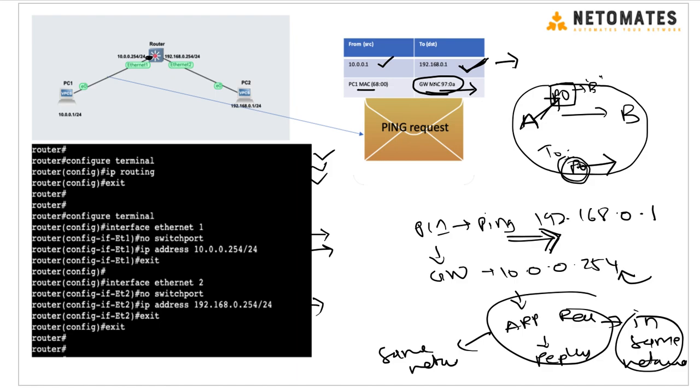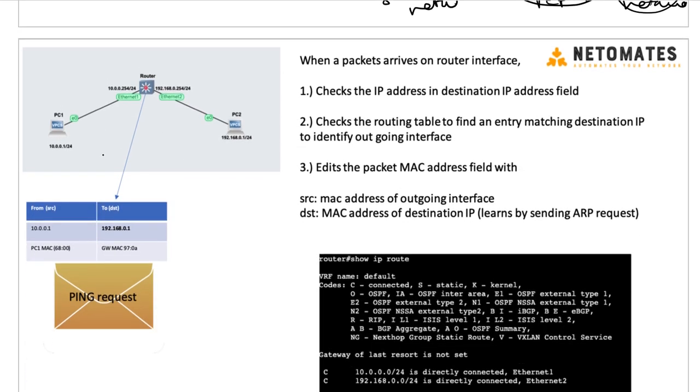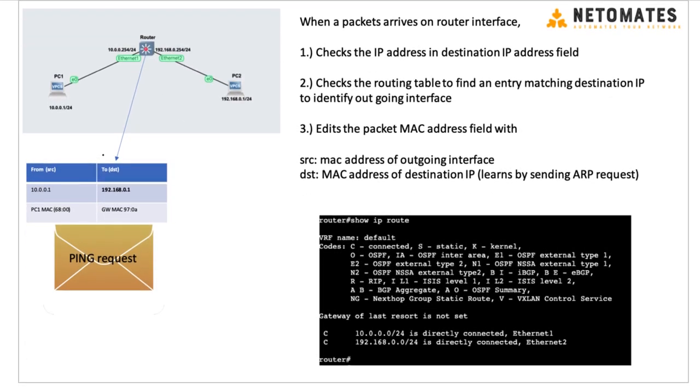Okay, so once PC1 creates this packet, it will send it to the wire. Then it will reach its gateway in this topology. So now the router has received a packet like this. What will the router do? The first thing it will do is check the destination IP address.